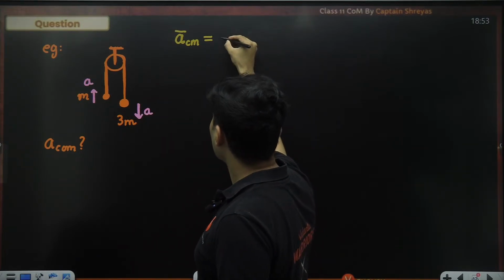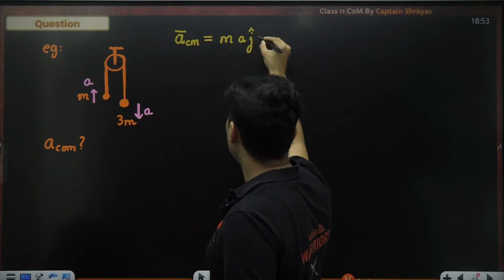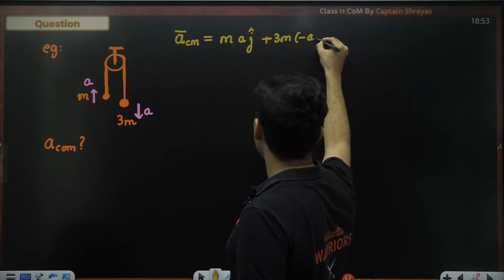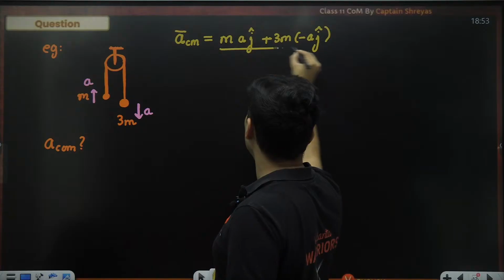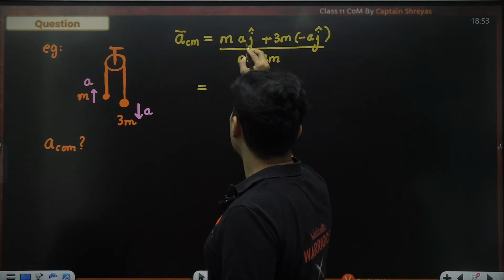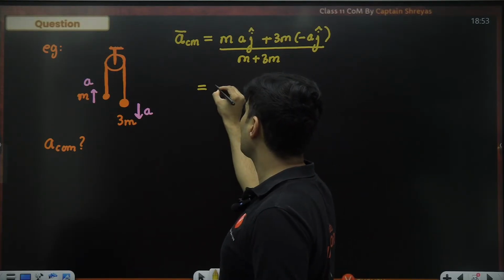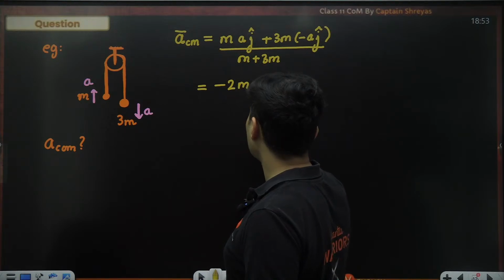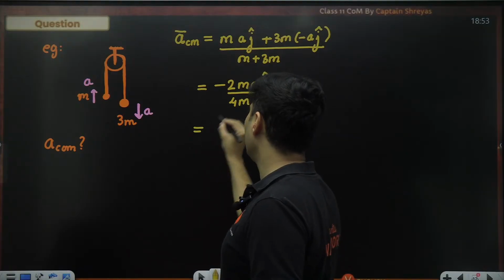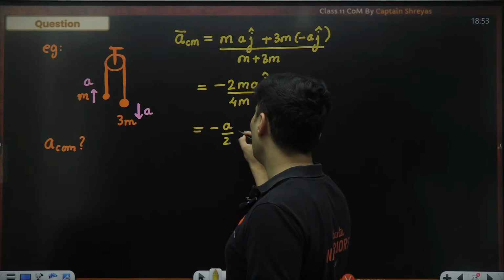The first mass is m, the acceleration is a j cap; the second mass is 3m, but the acceleration will be minus a j cap, and the whole thing is divided by the total mass, which is m plus 3m. So ma minus 3ma, everything is in j. 1 minus 3 is minus 2. So minus 2ma j cap, divided by 4m, which gives 2 by 4, which is 1 by 2. So minus a by 2 j cap.